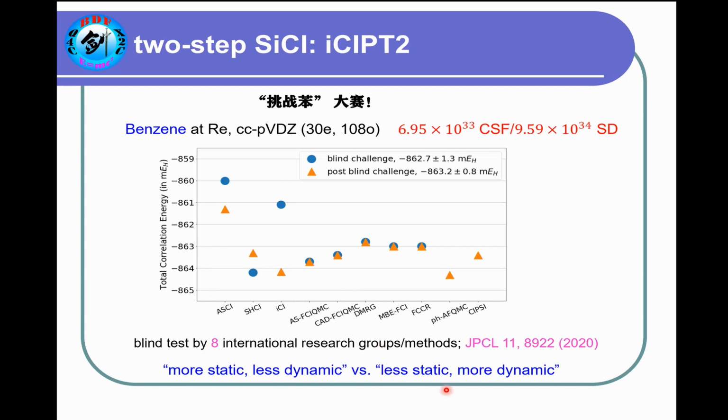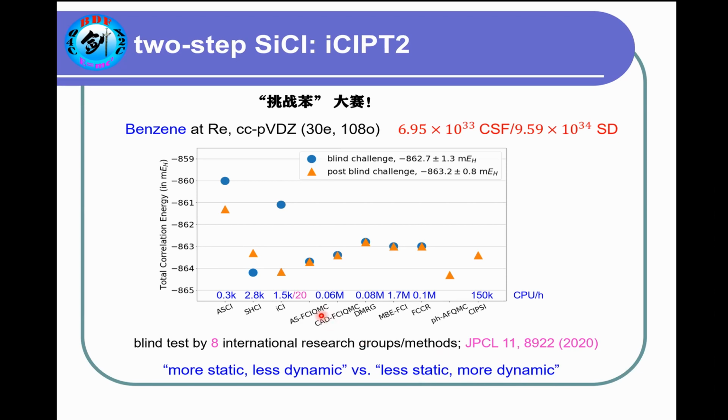The coupled cluster approach belongs to the other family, less static and more dynamic. As mentioned yesterday by Seiichiro, in his full cluster reduction approach he had roughly half the number of determinants of our selected CI approach, but still gets very good results because he does more for dynamic correlation.